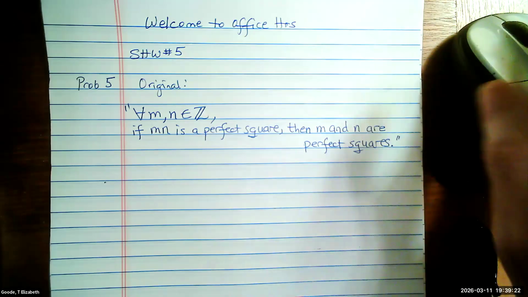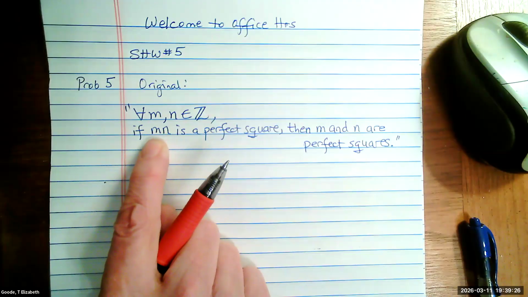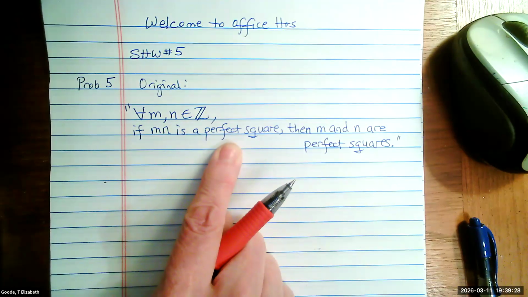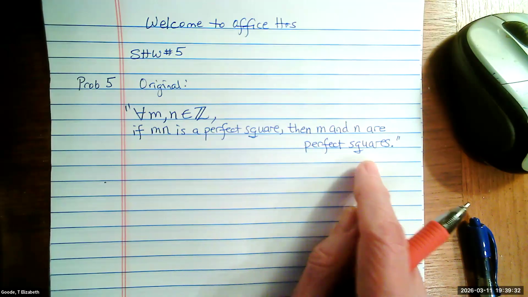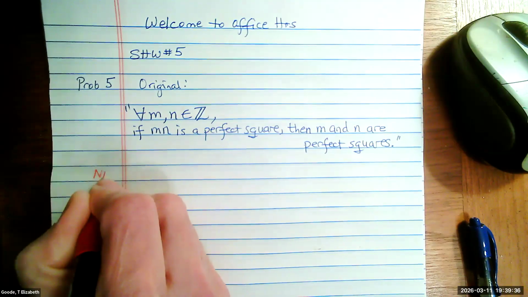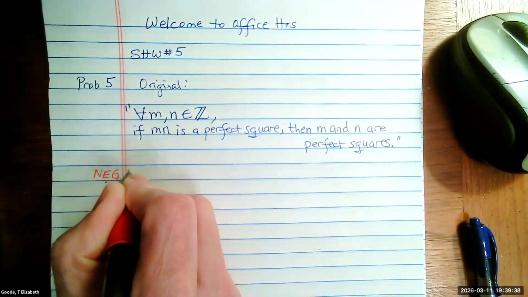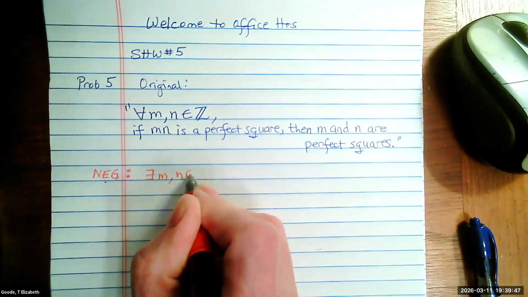That's correct, because if you poke around, you can find an mn that's a perfect square but where m and n are not both perfect squares, right? Does the red show up okay? Yes, the red showed up good.